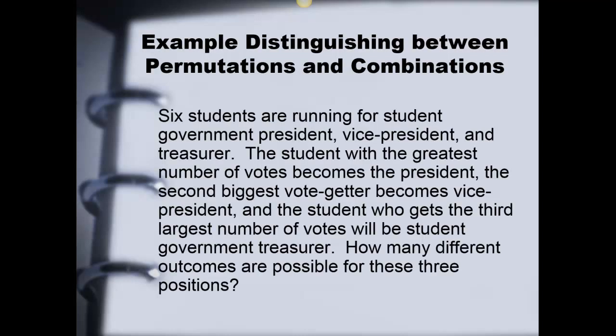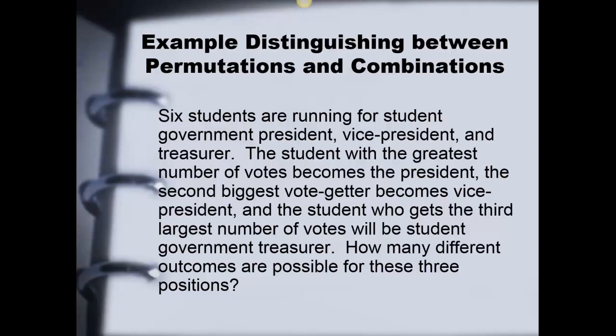Six students are running for student government president, vice president, and treasurer. The student with the greatest number of votes becomes the president. The second biggest vote getter becomes vice president, and the student who gets the third largest number of votes will be the student government treasurer. How many different outcomes are possible for these three positions?